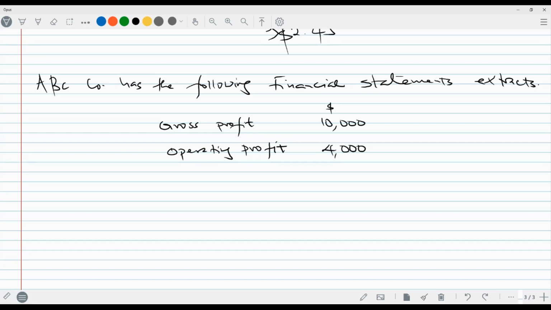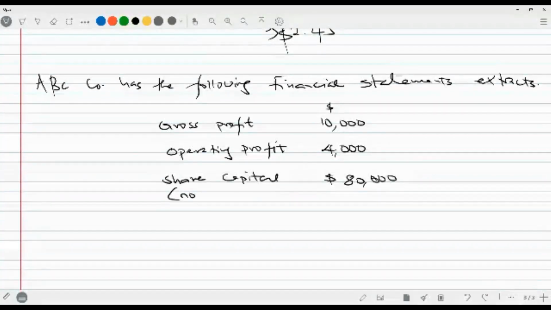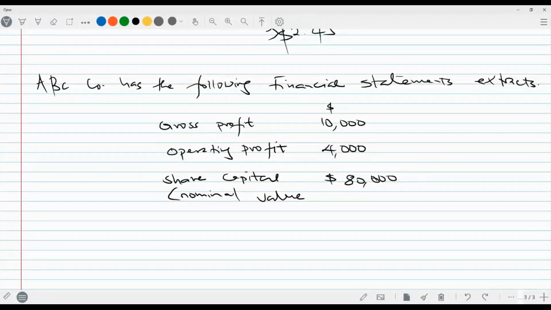Share capital, the value of 80,000, nominal value $1 per share.